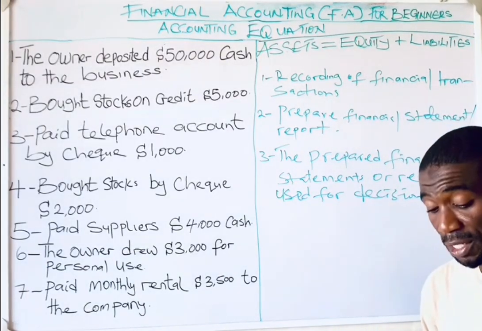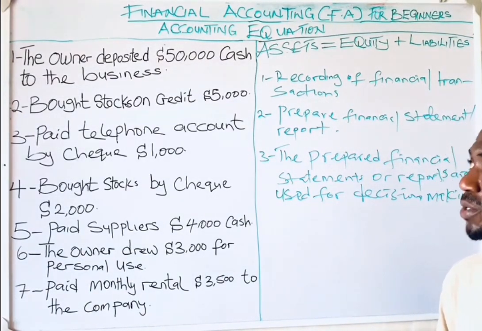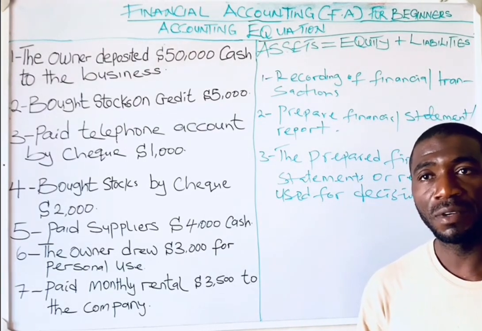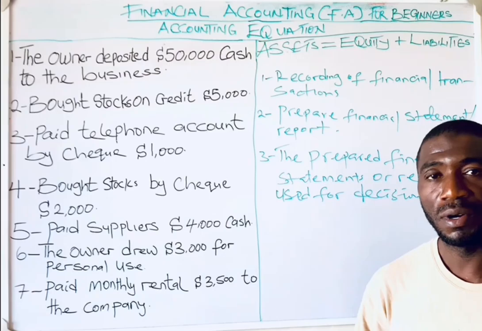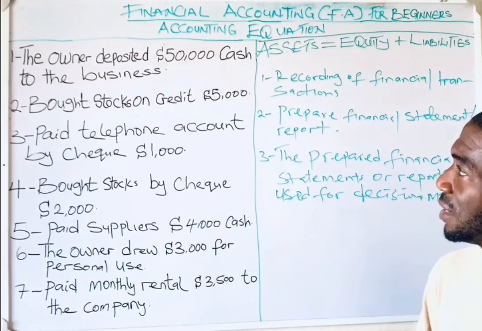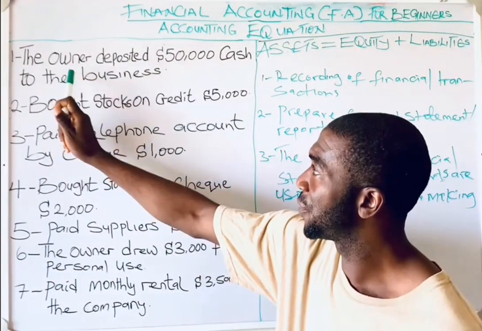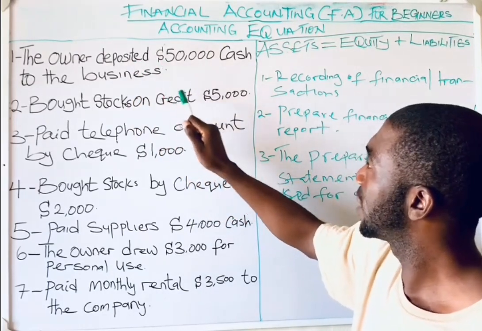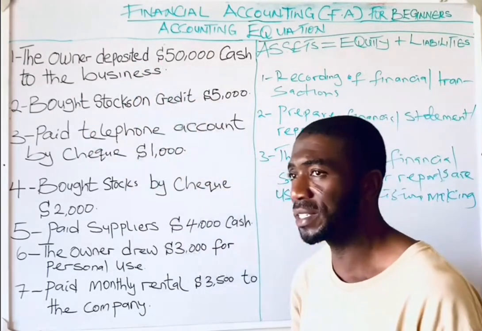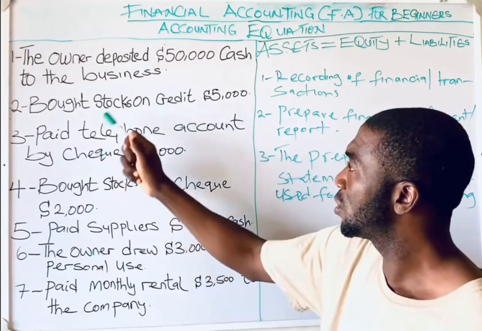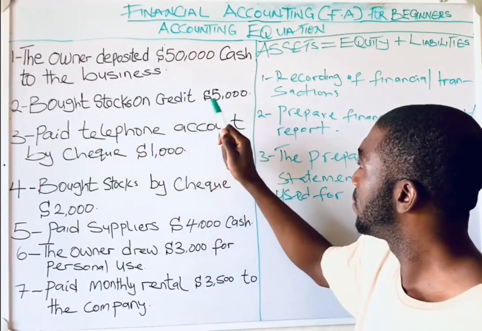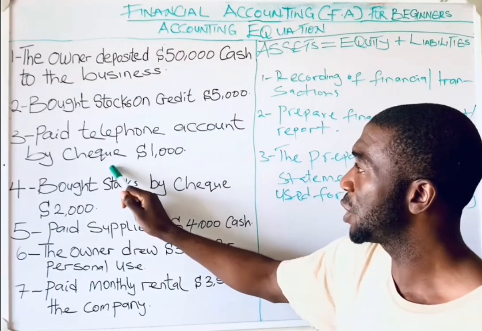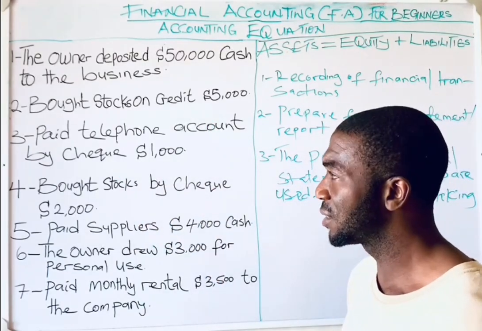What is a financial transaction? A financial transaction is any business activity that involves cash or credit. As you can see, this is an example of financial transactions. The owner deposited $50,000 cash to the business, or bought stocks on credit $5,000, paid telephone account by check $1,000.